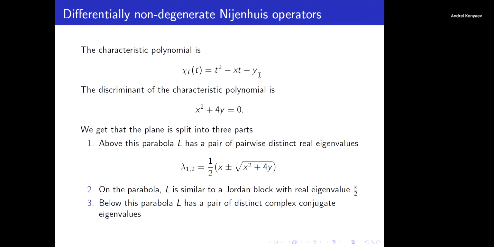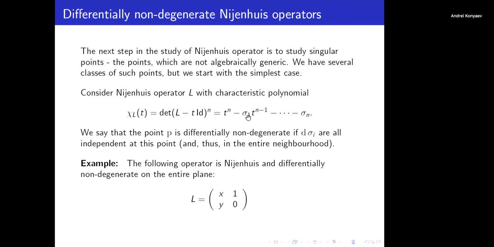Important thing: we use minuses in the definition of the characteristic polynomial. Sometimes people use plus, but our minuses have a very nice explanation. If you substitute the operator into the characteristic polynomial, you will get 0. It's a well-known fact from linear algebra.